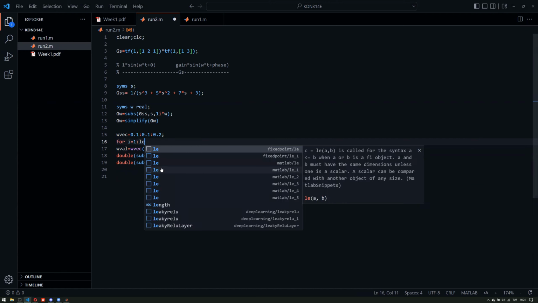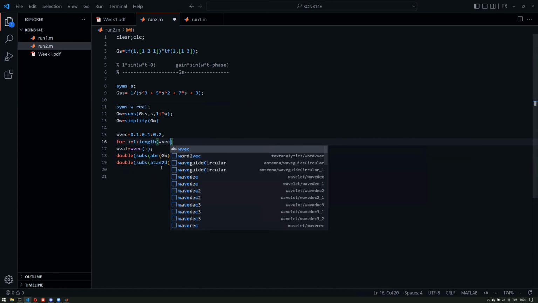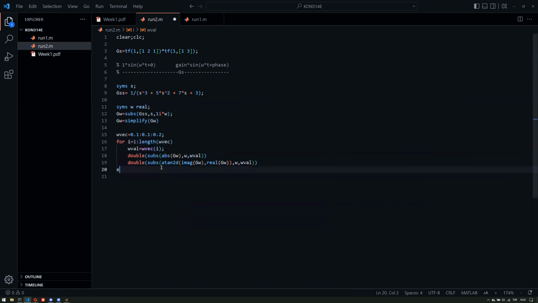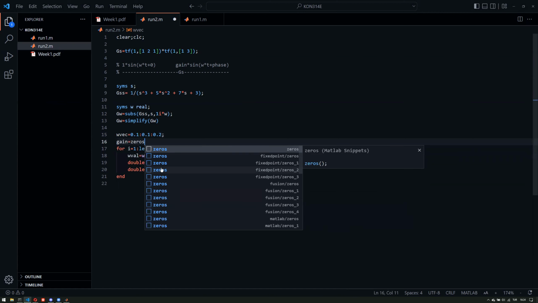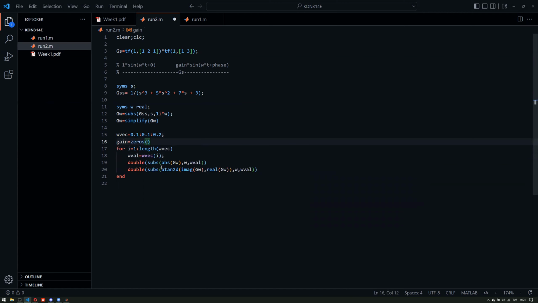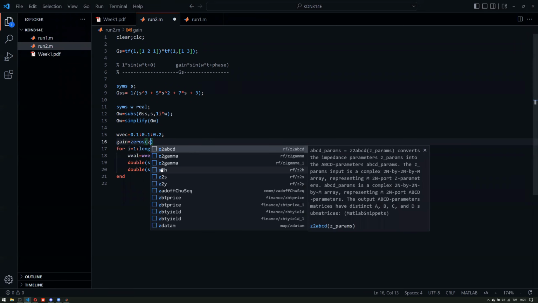So let's start from 1 to length of omega vec. Repeat this over and over again. Of course, now we need a vector for gain. And I can copy the size of omega vec and provide it to the zeros function in order to make a copy of that with the same size and full of zeros.